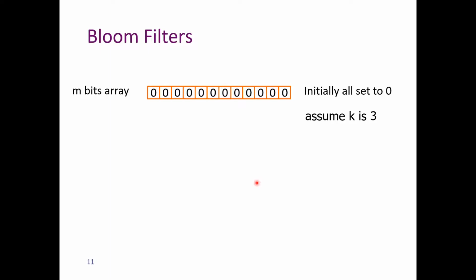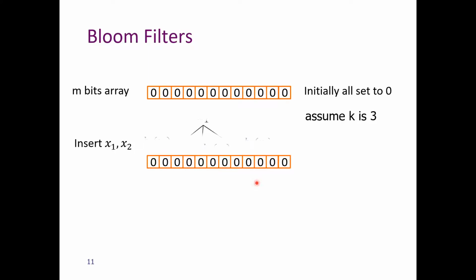So assume we use k equals 3, which means we use 3 hash functions. And we want to insert a number of members in the set and build the Bloom filter. So at the beginning, those bits are all zeros. Then once we insert x1, the 3 hash functions, remember k is 3, map x1 to 3 random positions. And we set those positions to 1.